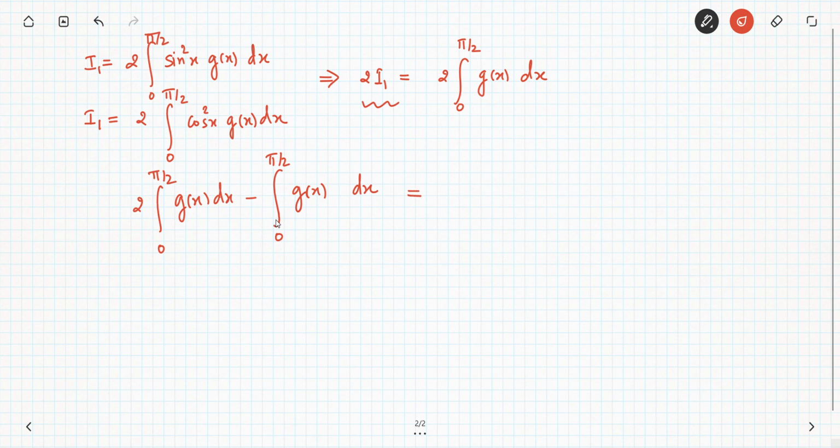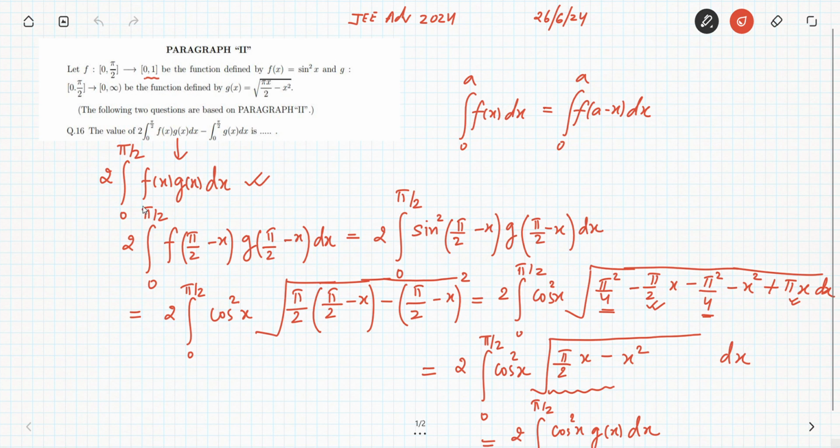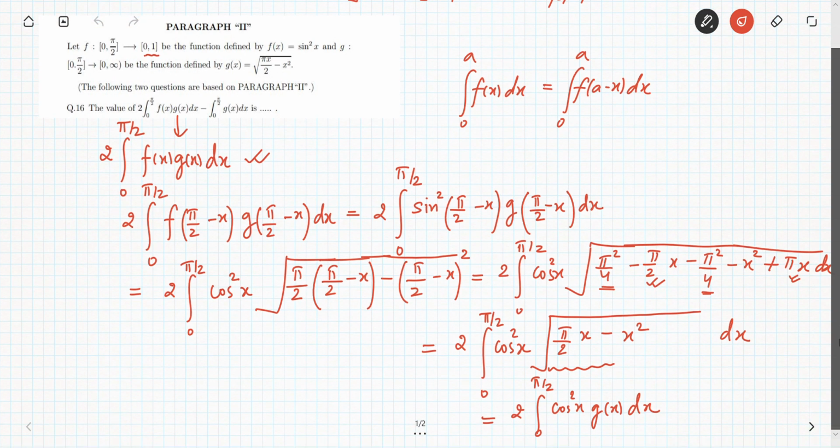Okay, now just going back to the question, it was twice of I1, twice of this particular integral, and this particular integral gave us this particular value.